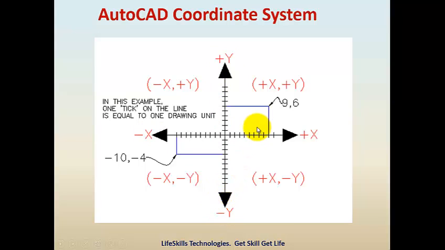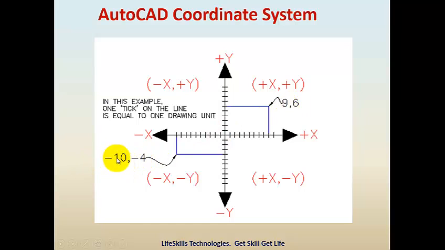Now, let's take this 9,6 for example. In AutoCAD, when you have a point written as 9,6, it means the point is located at unit 9 along the x-axis and unit 6 along the y-axis. So the first figure means x, the second figure means y.